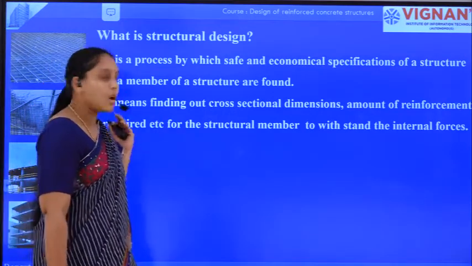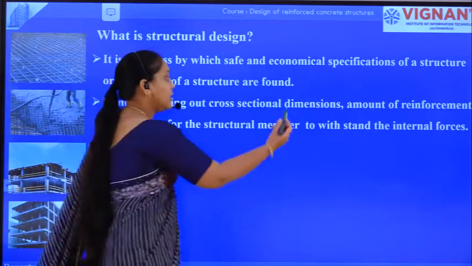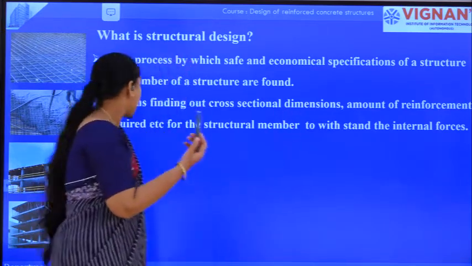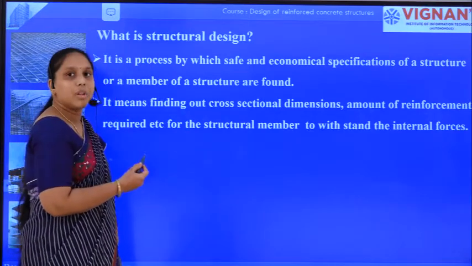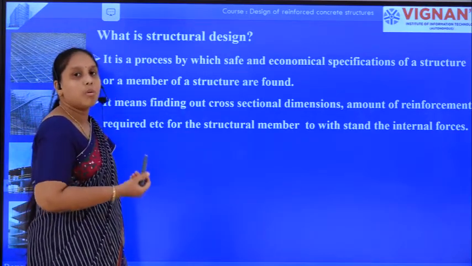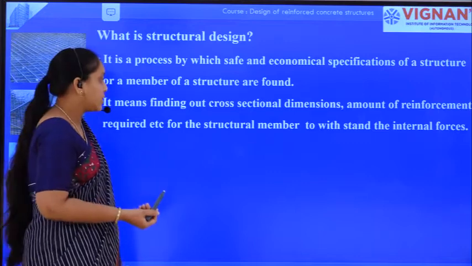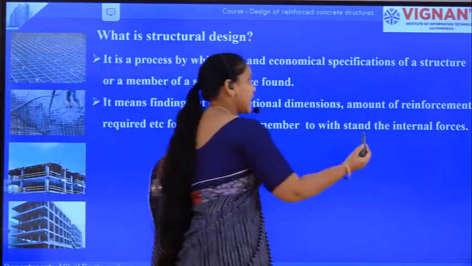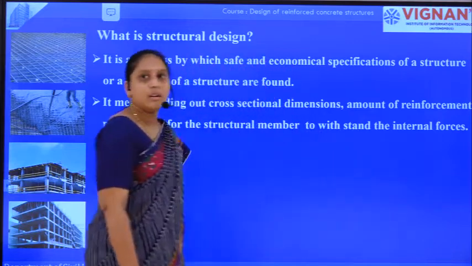Specifications in the sense is what? We are going to find out the cross-sectional dimensions, the amount of reinforcement required, and the area of steel required for the structural member, so it can withstand all the internal forces.